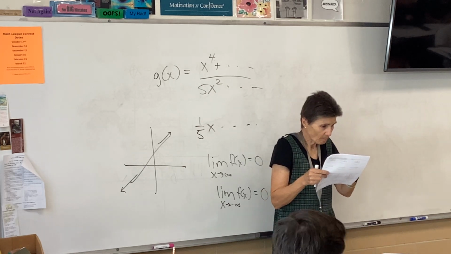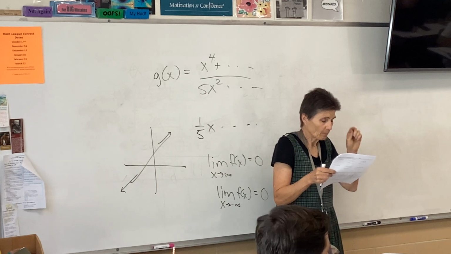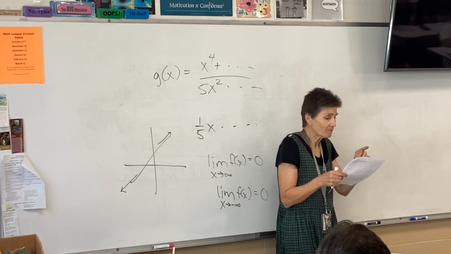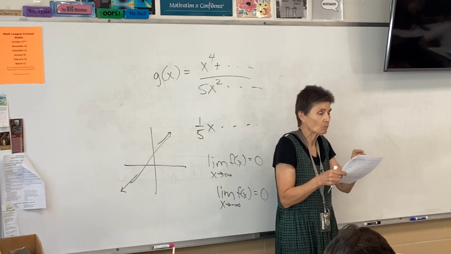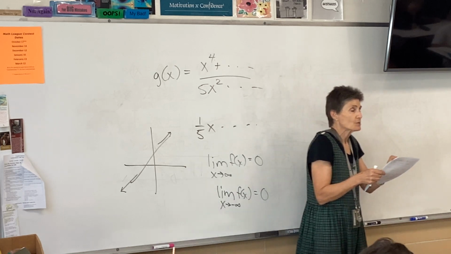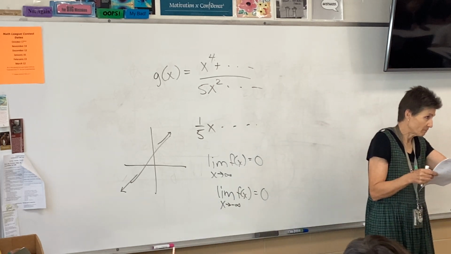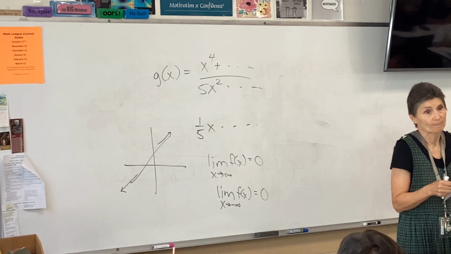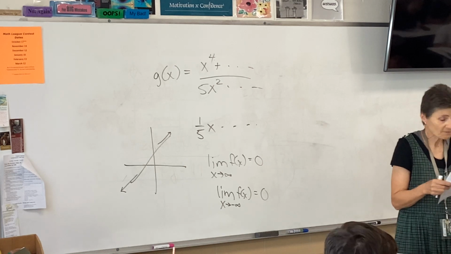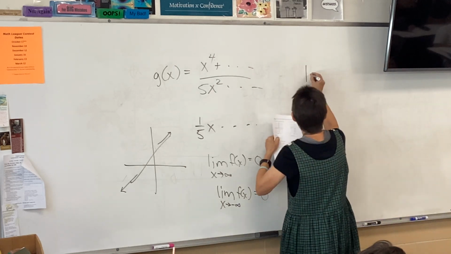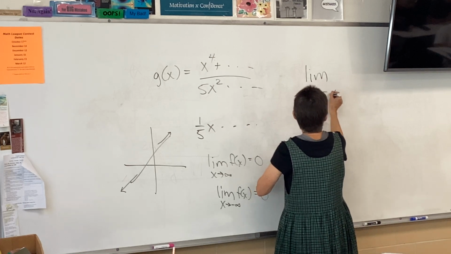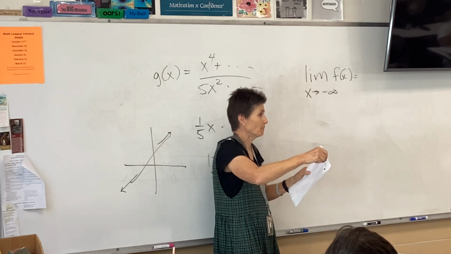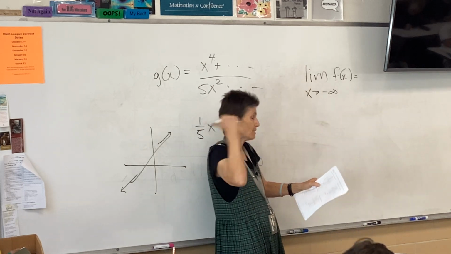I want you to look at this problem, number 13, and I want you to read it and notice that it says, the input values are decreasing without bound. So if the input values are decreasing without bound, where am I looking in my picture? On the left side. So it asked me to write one limit statement, and it's going to negative infinity, because it tells me in the problem the inputs are decreasing without bound.